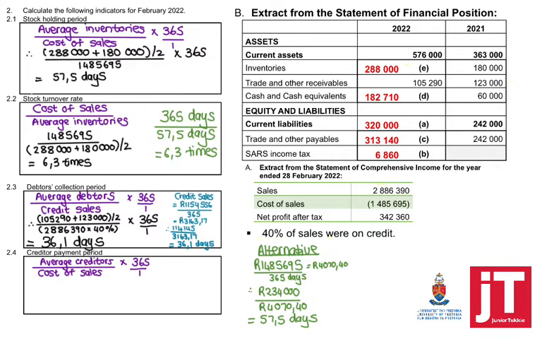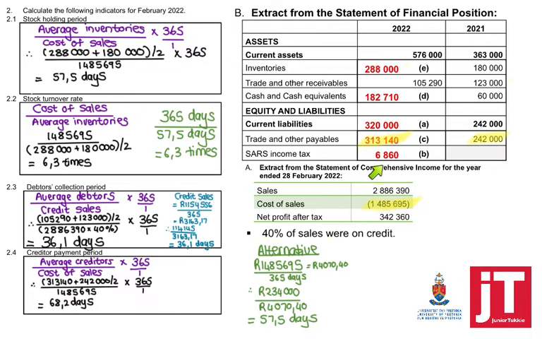Creditors payment period, we need to take the average creditors divided by the cost of sales. Please take note, credit purchases is also used, but if they don't provide you with the credit purchase figures, then you need to use your cost of sales.